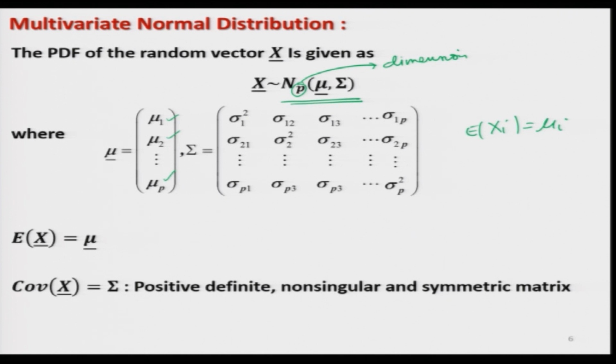So, if you try to find out the expected value of this random vector, this will come out to be the mean vector.